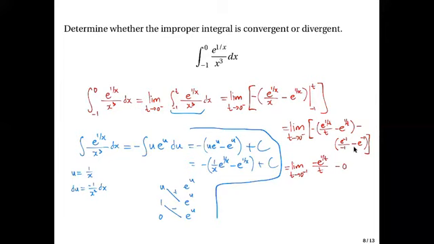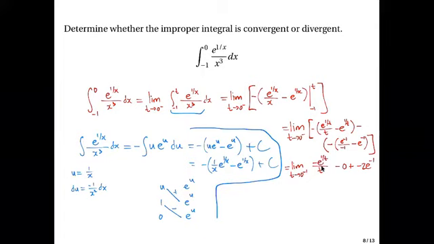I think I missed the negative in this part, minus the negative of here. So minus minus becomes plus. But you have here negative e raised to negative 1 minus e raised to negative 1. So this is just negative 2 e raised to negative 1.